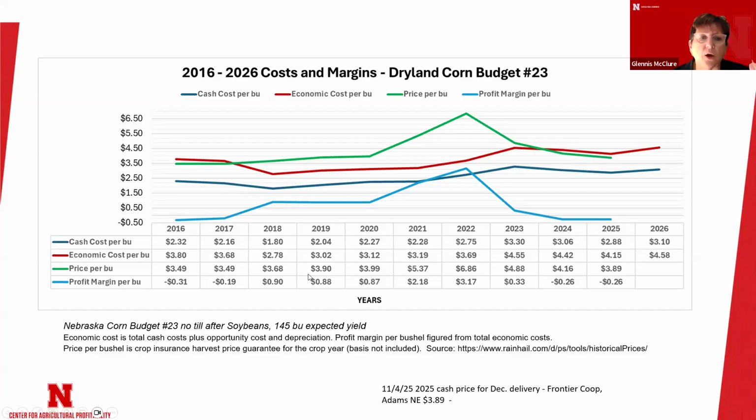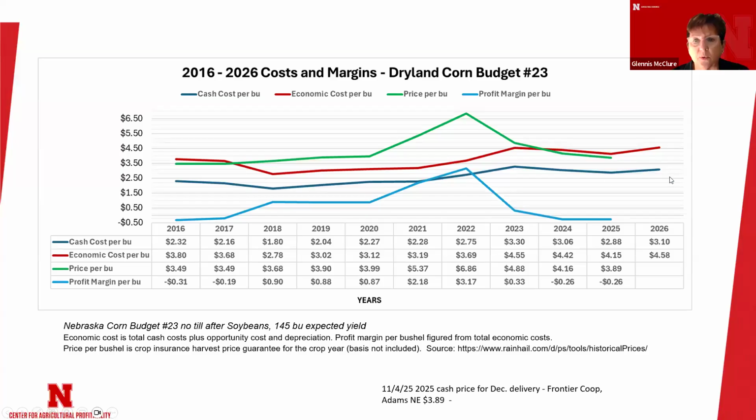All right. So going back, I've just got a chart here to show you the cash costs and how those have changed over time. And then the economic costs is the red bar. So we've got the darker blue, sorry, and then the red bar.